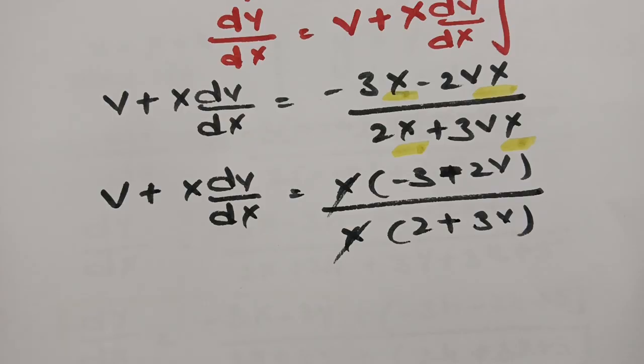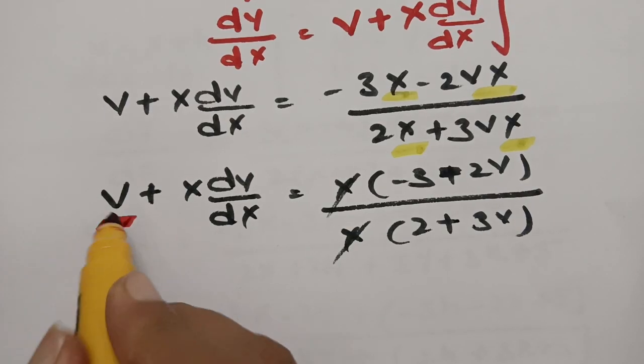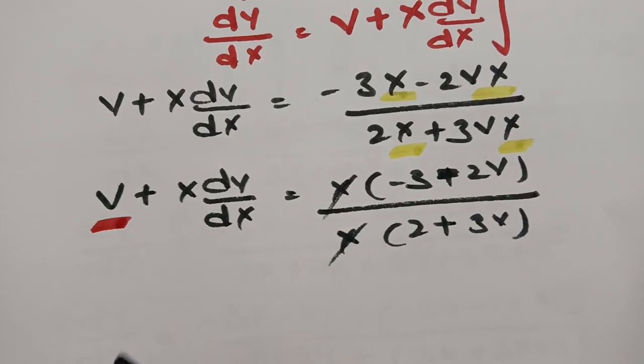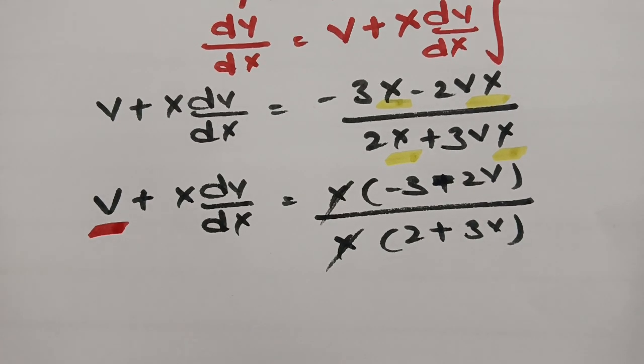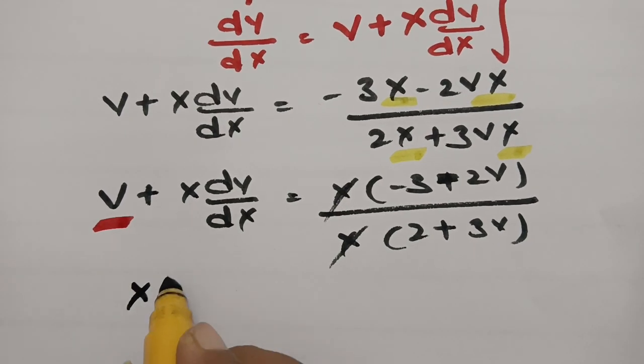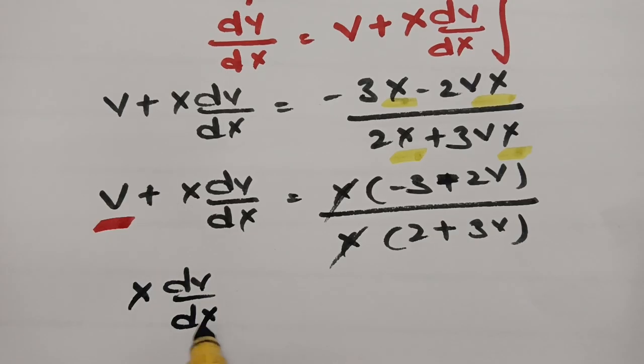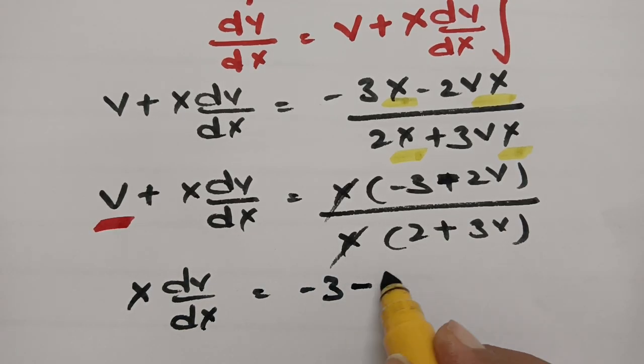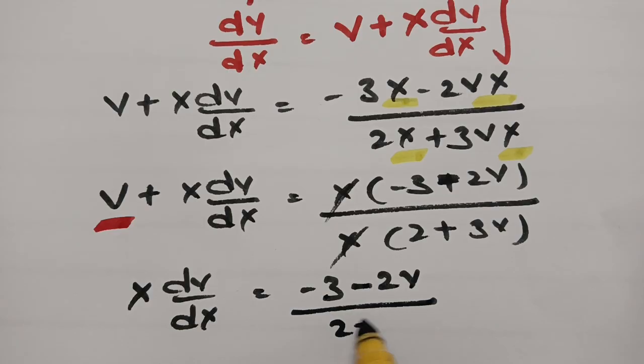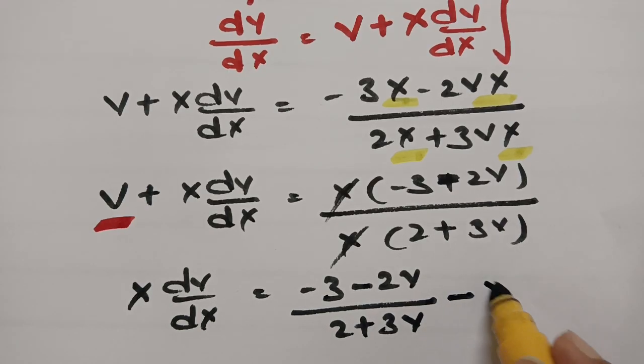So if I cancel this and send this plus v to the other side, this is going to become x into dv by dx is equal to minus 3 minus 2v, divided by 2 plus 3v, minus v.